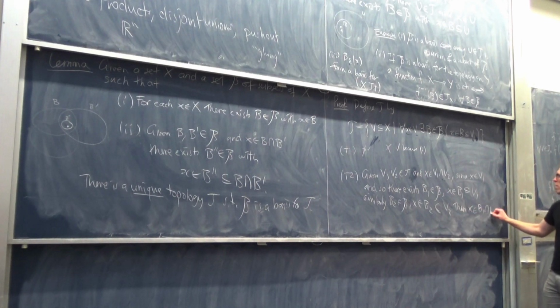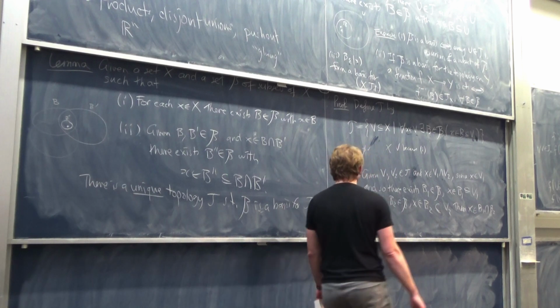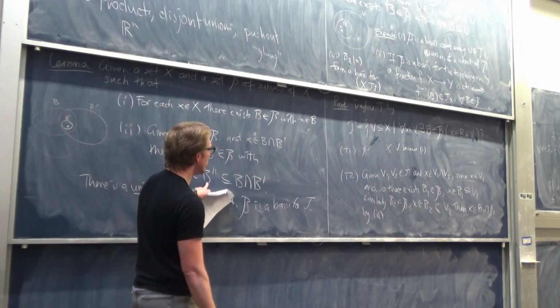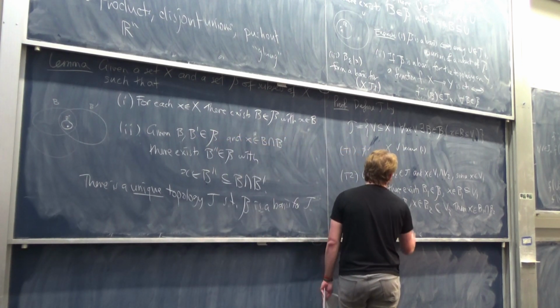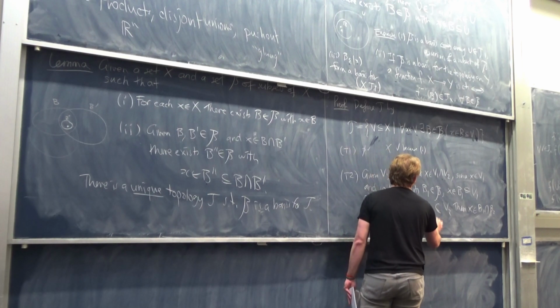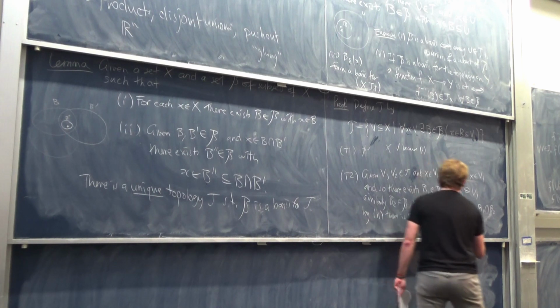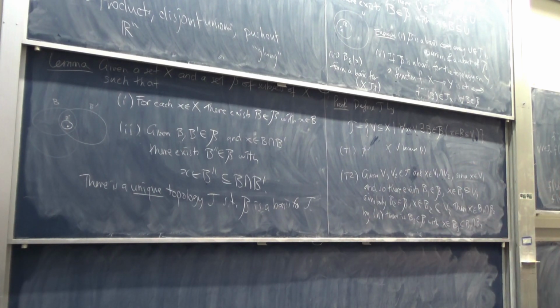Well, x is in B1 intersect B2. So by the second condition in this lemma, there must exist a B double prime. Whatever, let's call it B3, with x contained in B3 contained in B1 intersect B2.